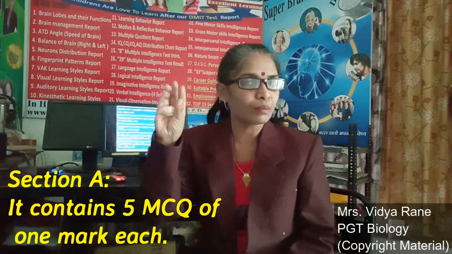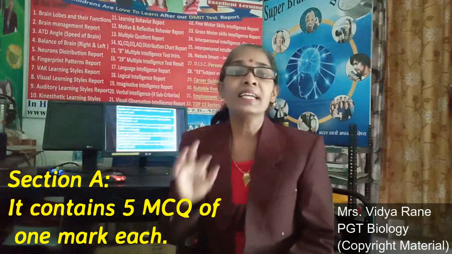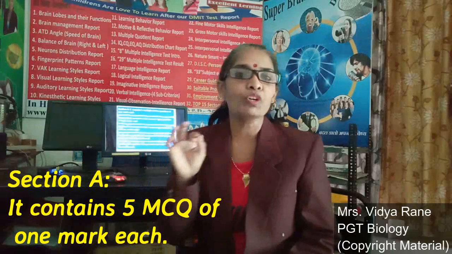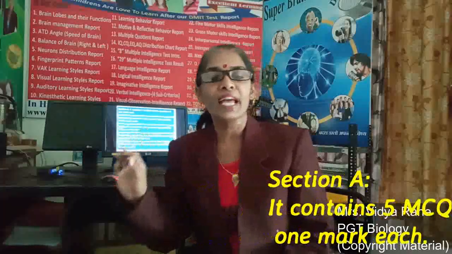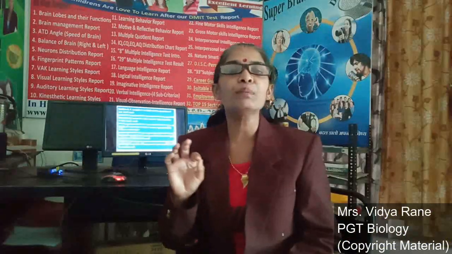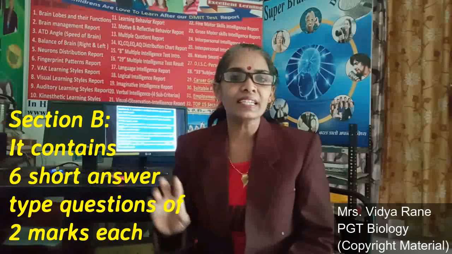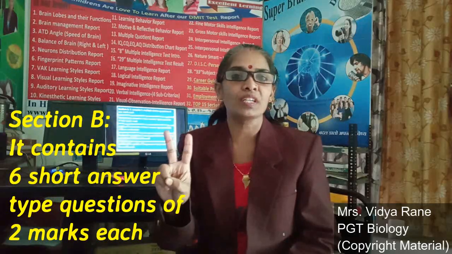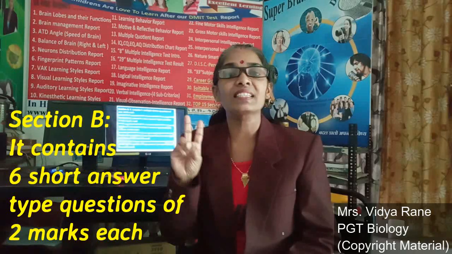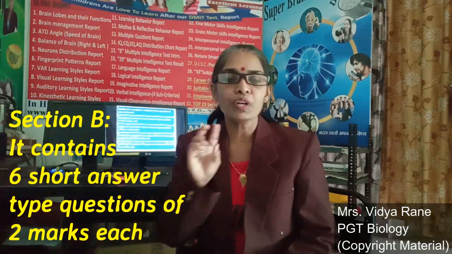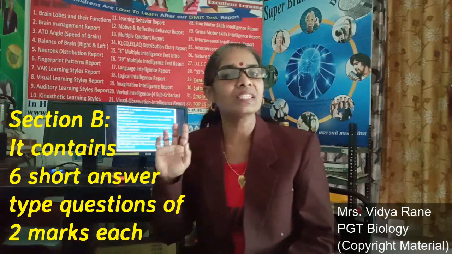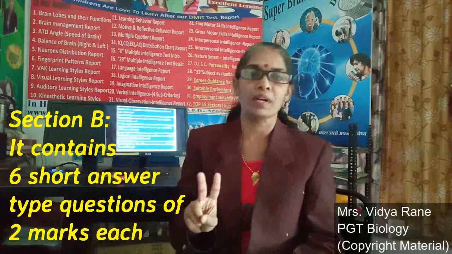In biology only 5 MCQs will be asked in section A. So your section A is of MCQs. Now section B contains 2 marks questions, and 6 questions will be asked. So your section B will have 6 questions of 2 marks.